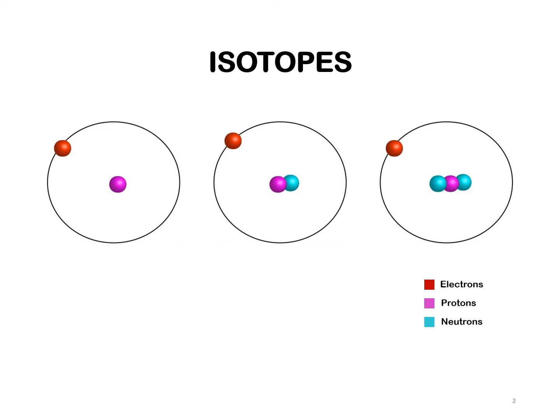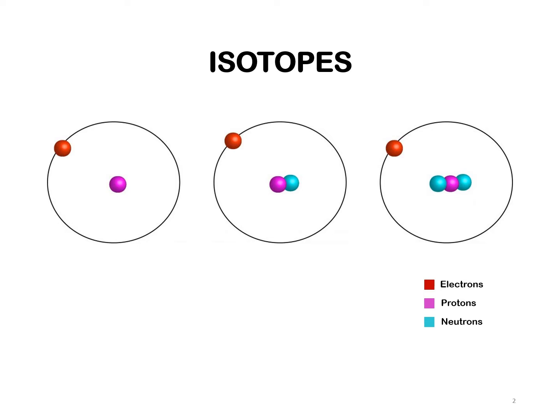You can observe that there is the same number of protons in each atom. Therefore, the atomic number will be the same and the identity of the element will be the same because of the same atomic number. But there is a different number of neutrons in each atom, so the mass number will be different because mass number is the sum of protons and neutrons.